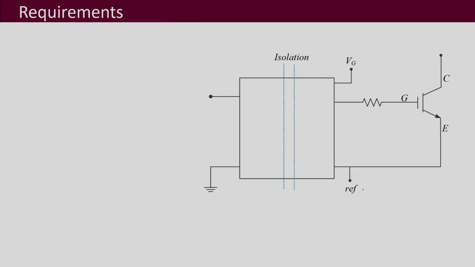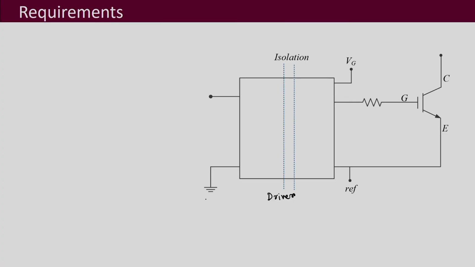Now let us look into some of the requirements which the driver has to satisfy. This is the driver, which is represented by a box here. What we understood from one leg of the H-bridge example is that the driver should be able to provide isolation. Why?